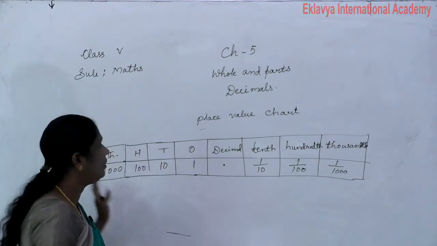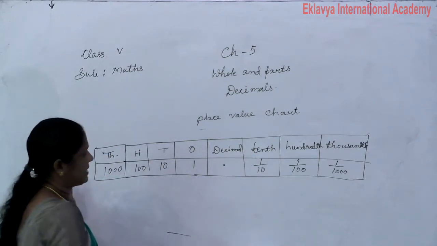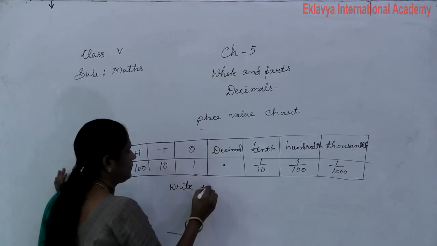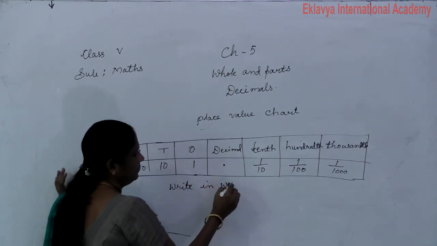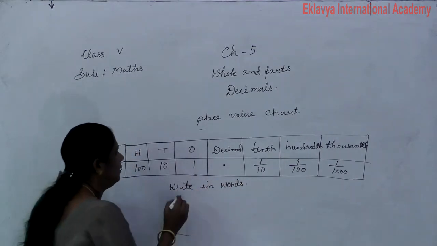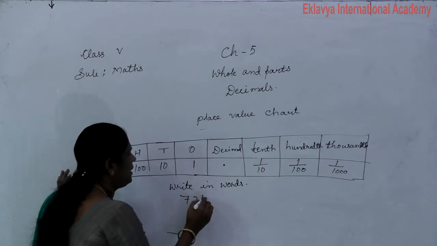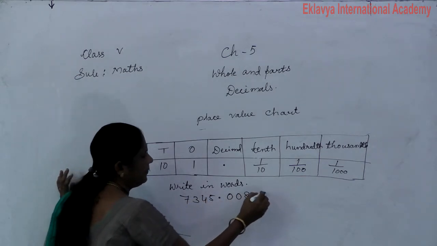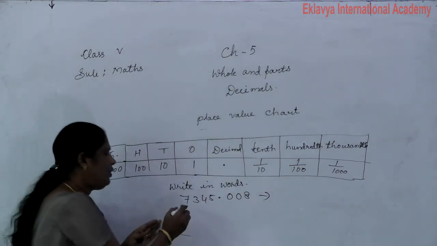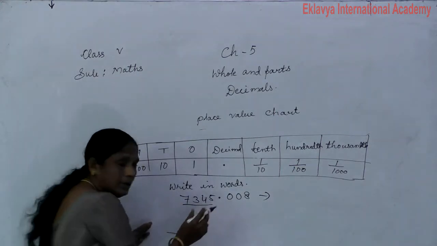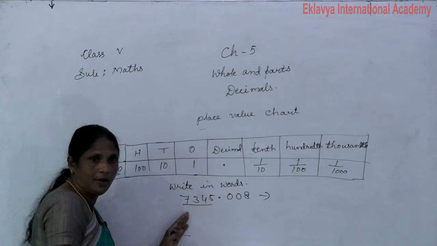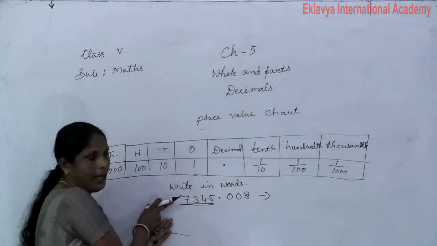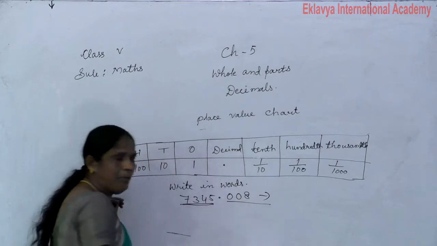Then how to write in words? Write in words. Here 7345.008. First you read the number; the left hand side of the point you read together. This is the whole number part. This is the decimal part.